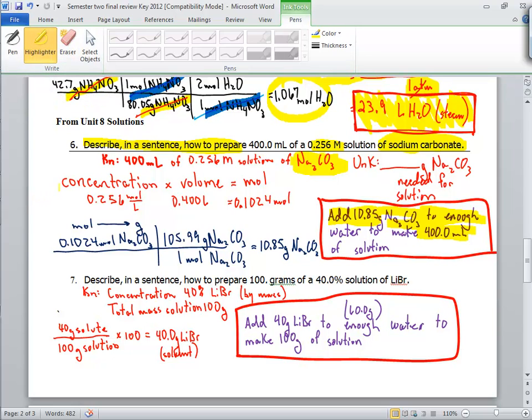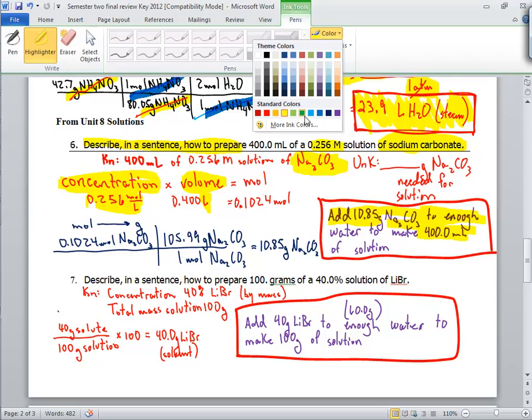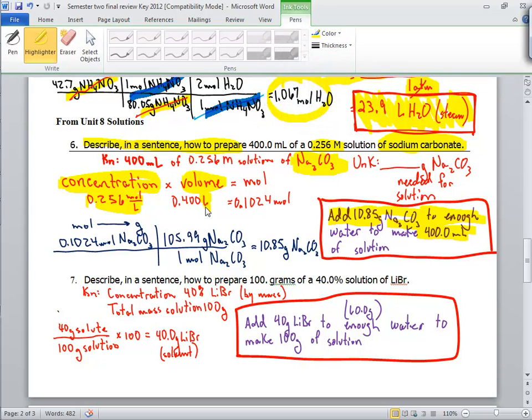If we take the concentration of our chemical and we multiply it by the volume, where the volume has been changed into liters, the reason we're changing the volume into liters is so this liters, which is downstairs, and this liter, which is upstairs, will cancel out, leaving us with moles, our unit right here.